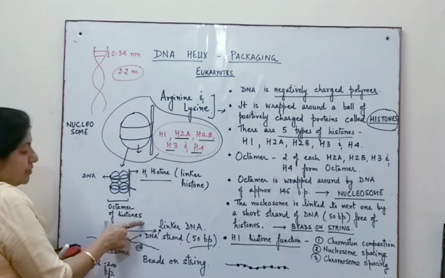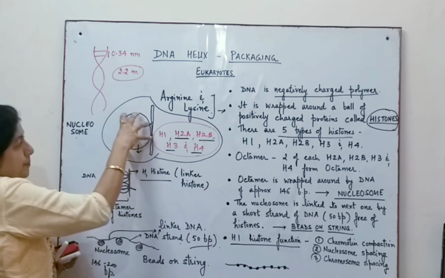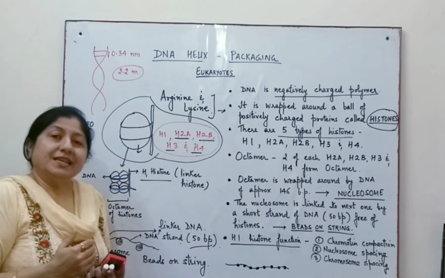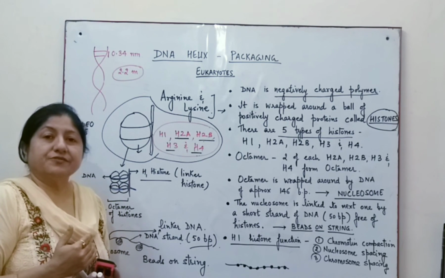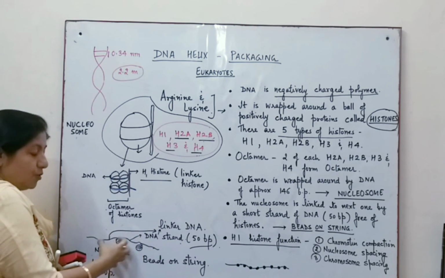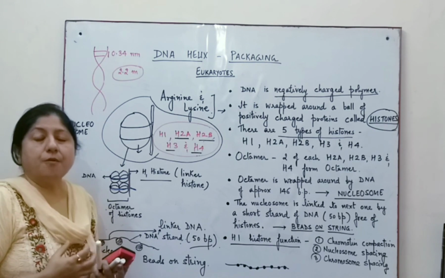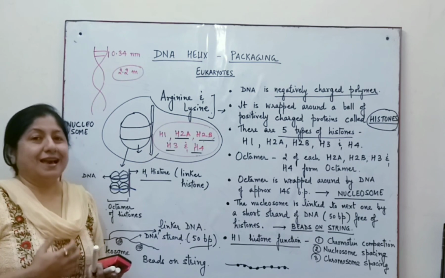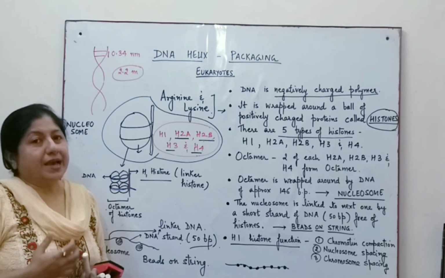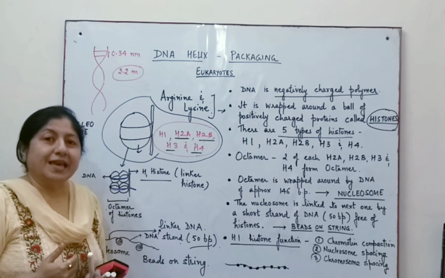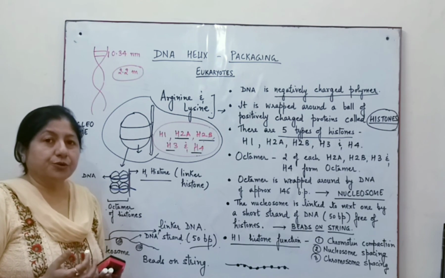This octamer of 8 histones appears like a ball. When cell division starts, these nucleosomes come closer to each other and form a compact structure. During metaphase and the other phases, the compaction of the chromosome takes place due to supercoiling, and then the cell is ready to divide.